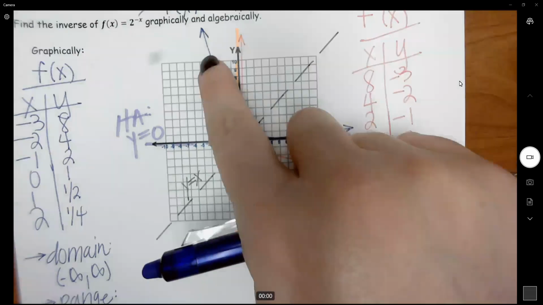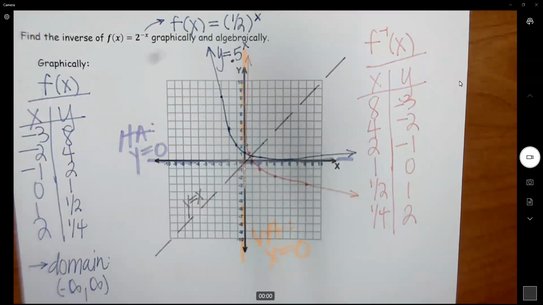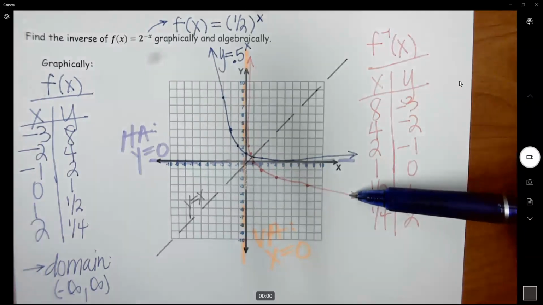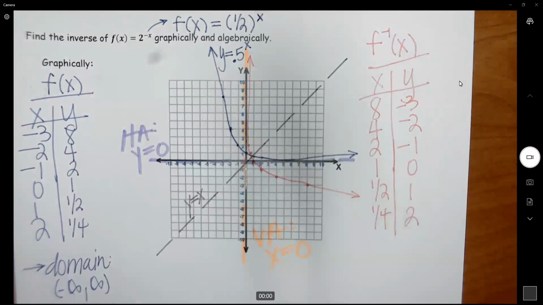I am going to label this one. This was y equals 0.5 to the x power. And here, I don't know what to name my red line, my inverse, right? So that's when we jump down here to algebraically.